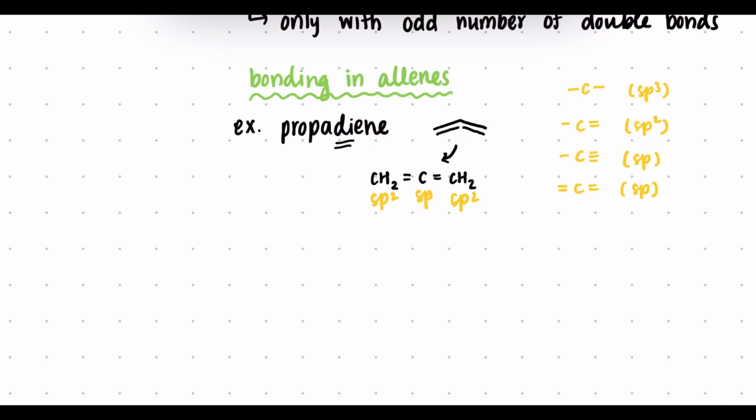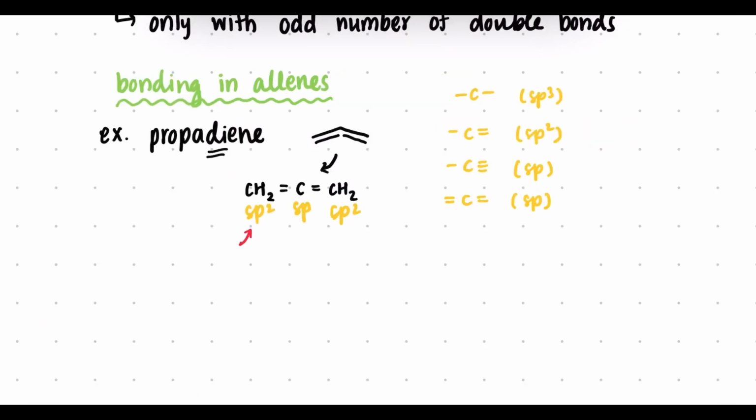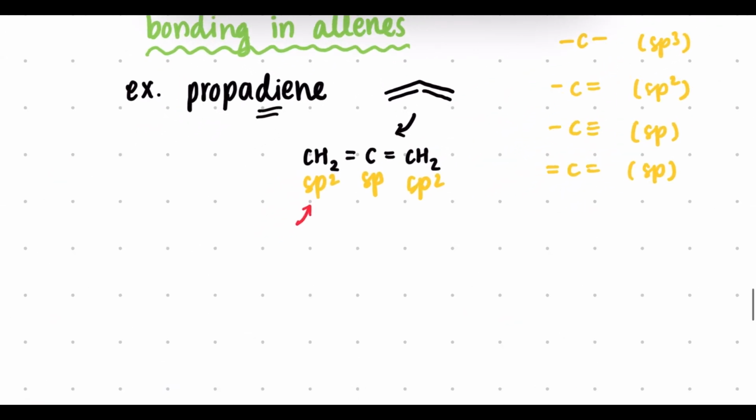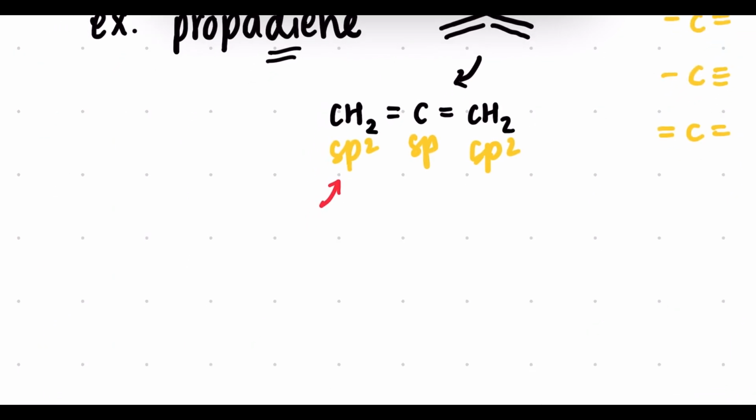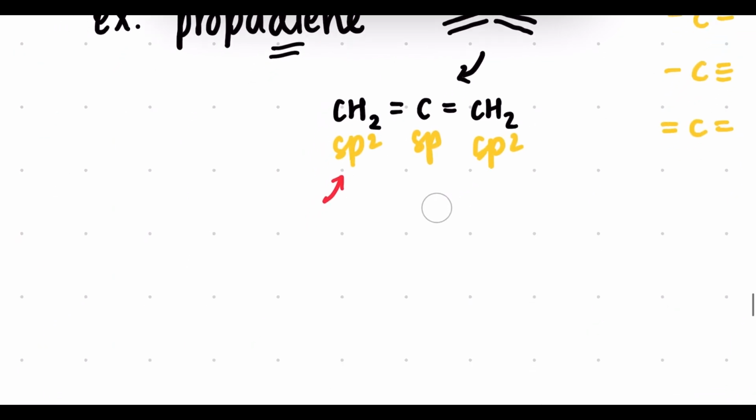Now when it comes to that, you can automatically think about the orbitals which are doing the bonding here. So now when it comes to these carbons right here, which are sp2 hybridized, we'll talk about those carbons first.